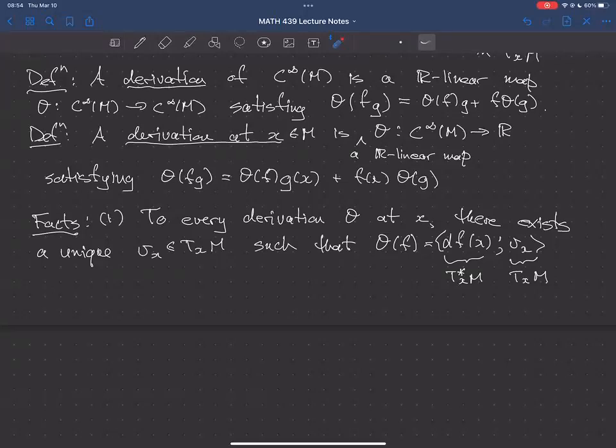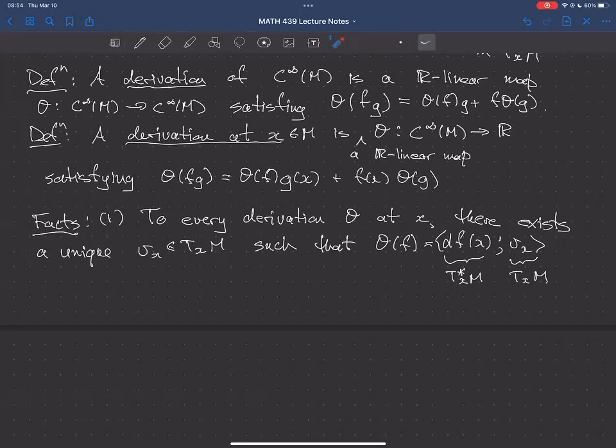One of the benefits of doing things this way is that it immediately gives you a vector space structure for the space of tangent vectors. If you think about the homework problem where you proved that the tangent space had a vector space structure for our definition of tangent vectors, it's kind of gross.